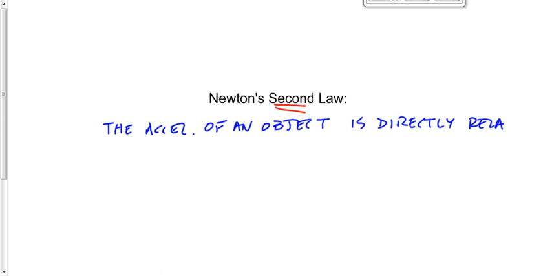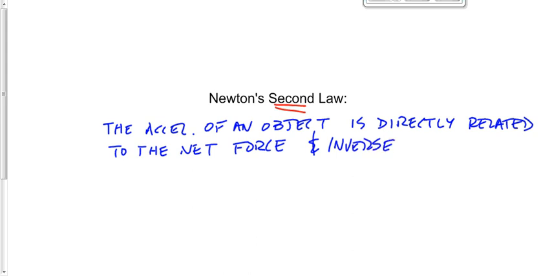It's directly proportional to or directly related to the net force. And what I mean by that is that as the net force doubles, then the acceleration doubles. As the net force is to the left, the acceleration is to the left. So proportional numerically, but also proportionally directionally to the net force.